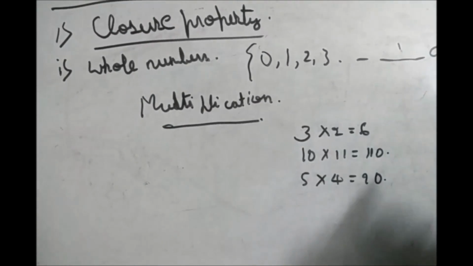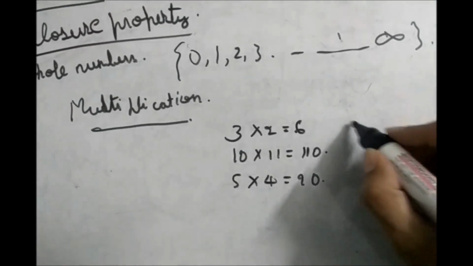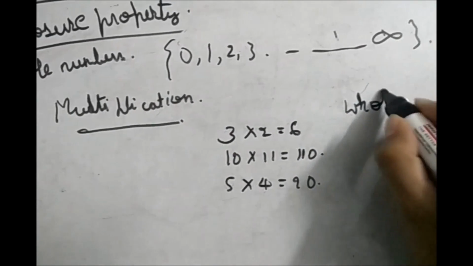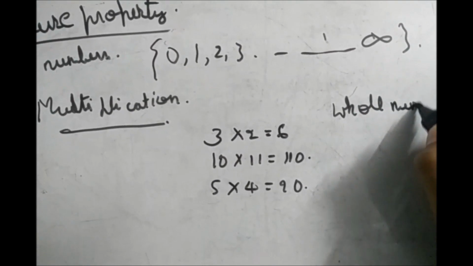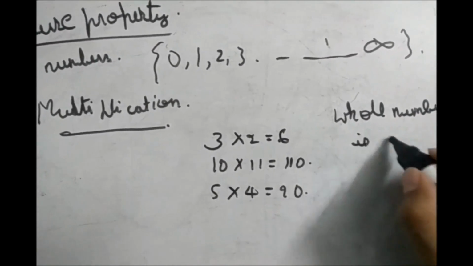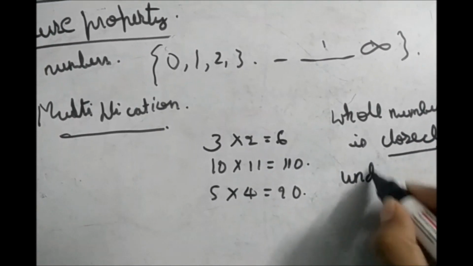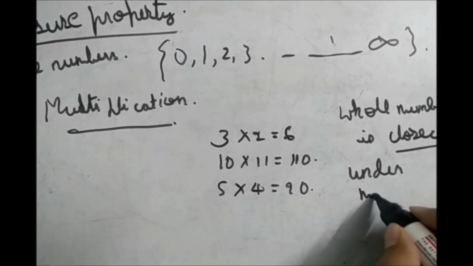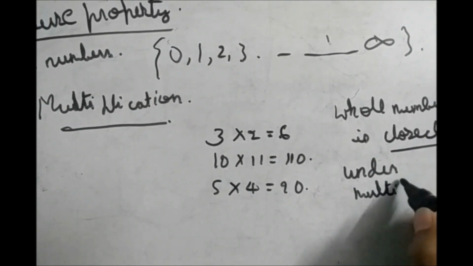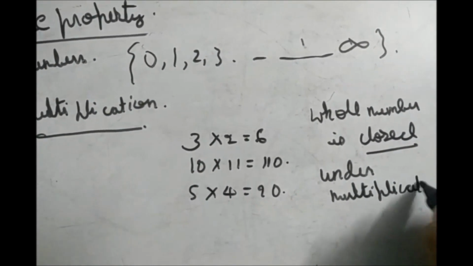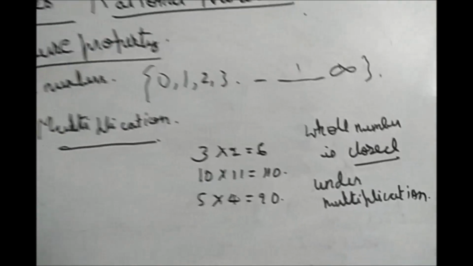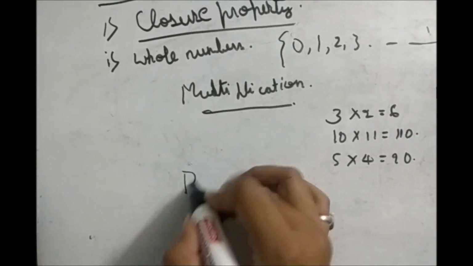Every element is present in the set of whole numbers, so we can conclude that whole numbers are closed under multiplication.